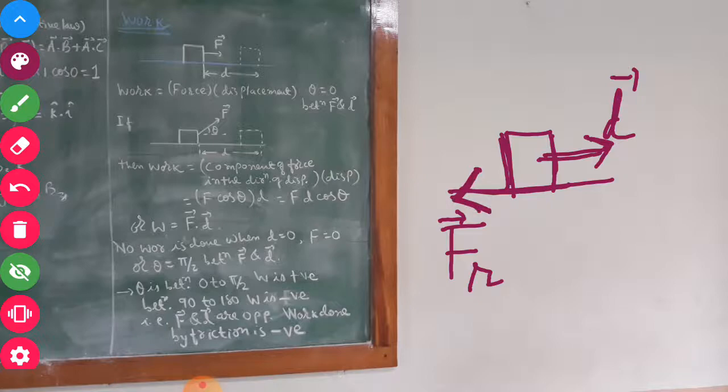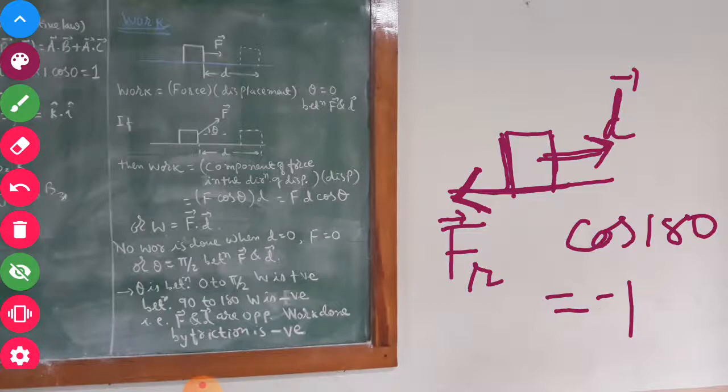So work done by the friction will be negative, as it will be F d cos 180, and cos 180 is minus 1. So work done will be minus F d, or we can say negative work will be done by the frictional force. Okay, so this is all about the different cases of work done, the definition of work done and the scalar product.